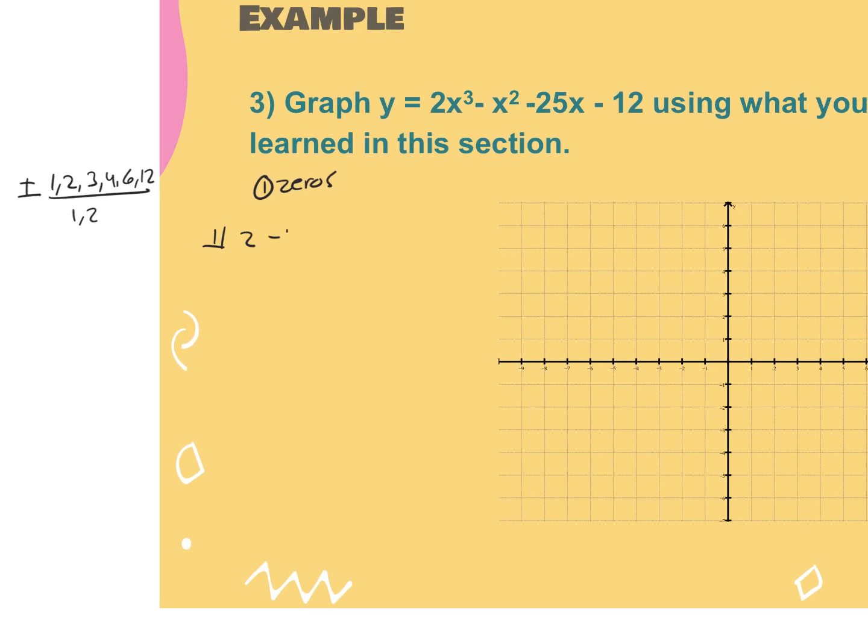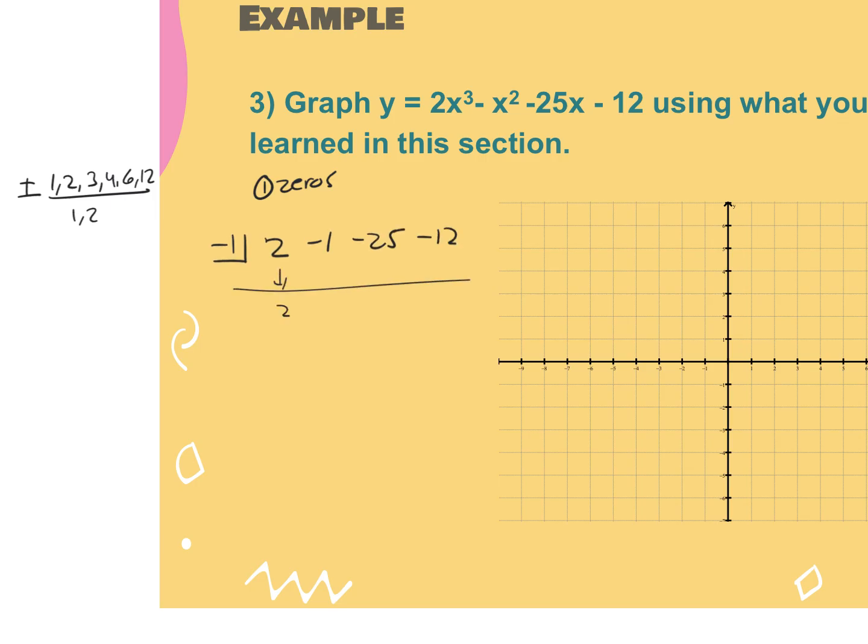Let's just see if 1 works. Then I have 2, -1, -25, and -12. Let's see if this works. 2, 2, 1, 1, -24, -24, that doesn't work. So let's erase and try -1. So 2, -1, -25, -12.